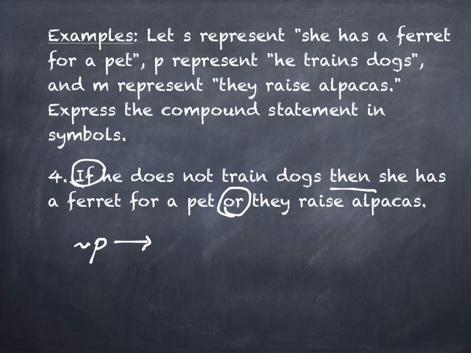Yes, I think you do, because it says, if this happens, then one of these other things is going to be happening next. So parentheses are necessary. But what 2 statements are going to be joined? An S for the ferret, right? The V for or. And then the M for raising alpacas. And we close our parentheses.